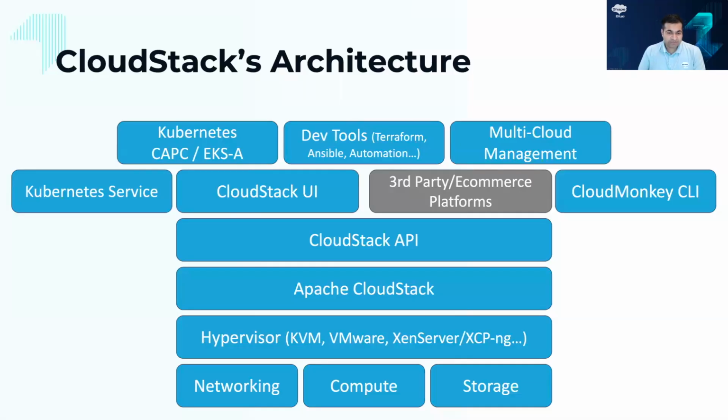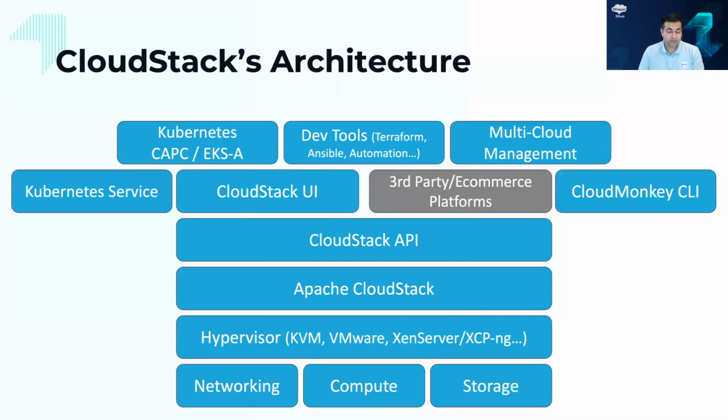On top of this infrastructure sits CloudStack's control plane, the management server, which exposes an API. And on top of the CloudStack API, its CLI and UI are written. But a lot of people have also written third-party apps, e-commerce platforms, and portals using the CloudStack API. People have also built Kubernetes service.